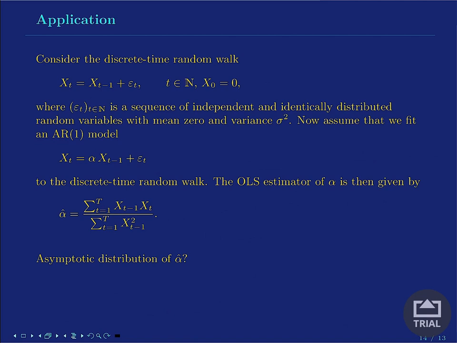Now, instead of alpha, we will actually look at alpha hat minus 1, and that is the sum of xt minus 1 times xt minus xt minus 1, divided by the sum of xt minus 1 squared.